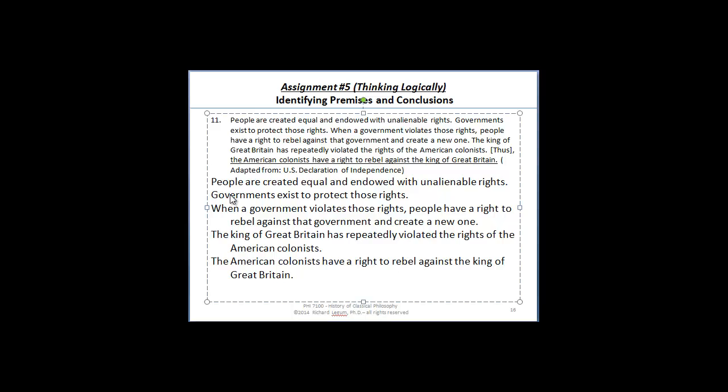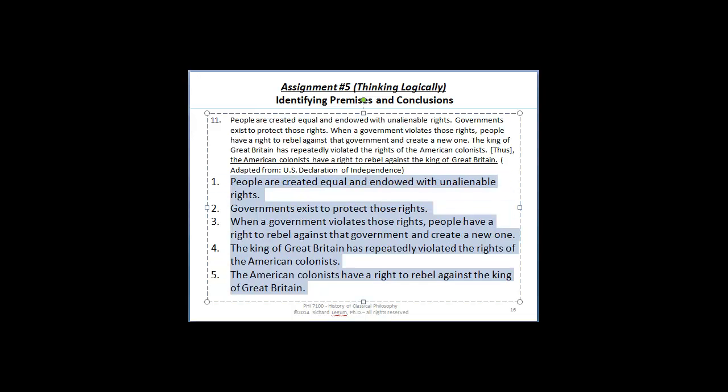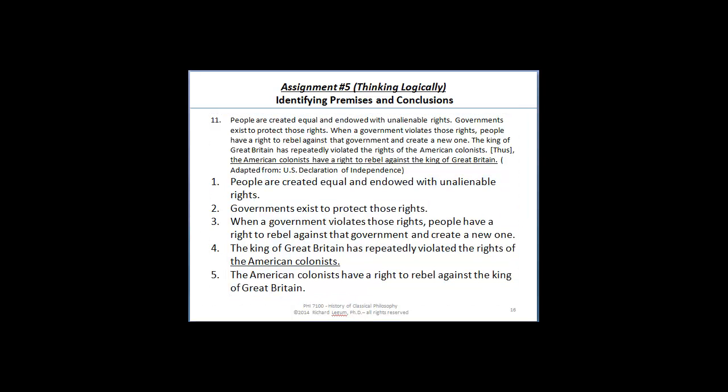The King of Britain has repeatedly violated those rights, the rights of the American colonists, not columnists, not guys who write for a newspaper. Therefore, the American colonists have the right to rebel against the King of England.